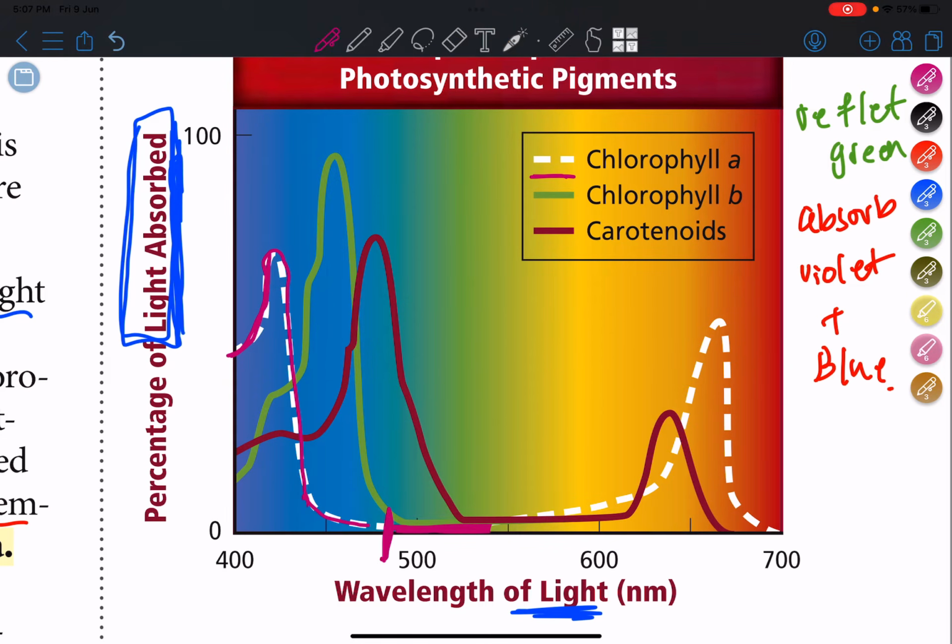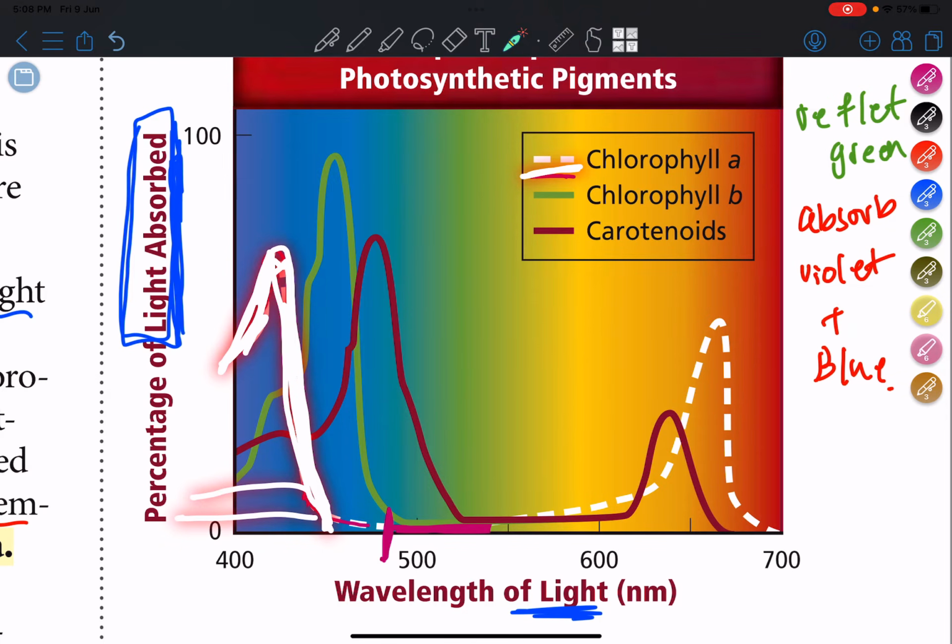So what we can see here is that light is absorbed by chlorophyll A. Light is absorbed from around 400 to 450 wavelengths. All of this, we have action on the Y, right? I have a number on the Y. Once the number on the Y is 0, then I know it is not being absorbed.